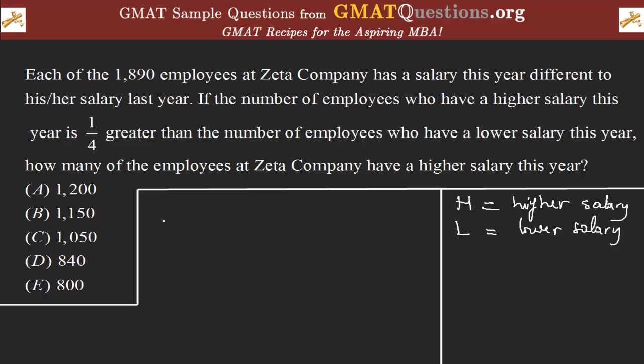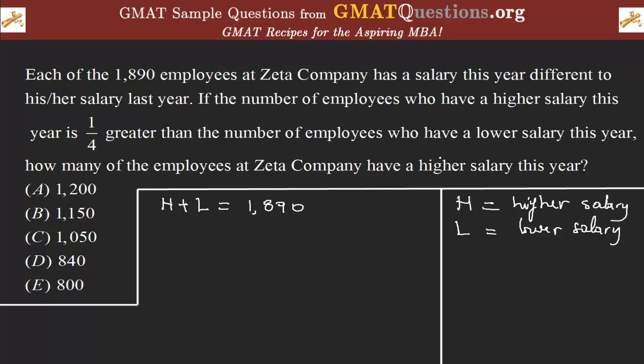So you would agree that H plus L is equal to 1,890. Okay, no question about it. The two together are gonna give you the total number of employees.